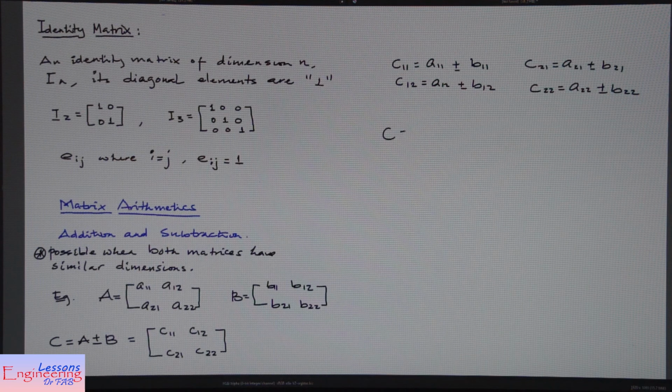So what does it mean? In matrix C, in the first row and first column, we'll have the result of A11 plus or minus B11, and the second column on the first row will be A12 plus or minus B12, and then A21 plus or minus B21, and A22 plus or minus B22.